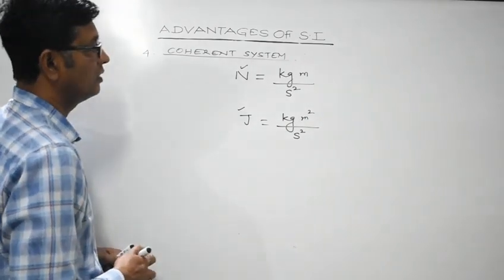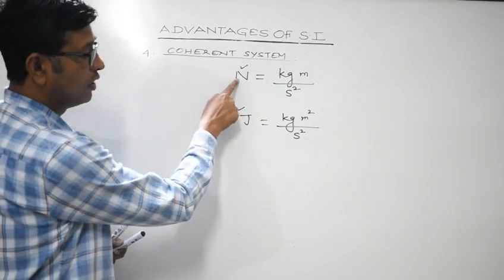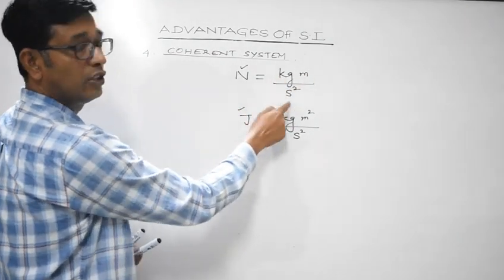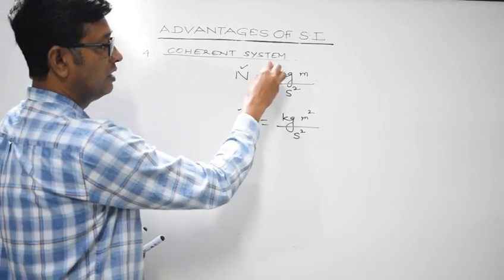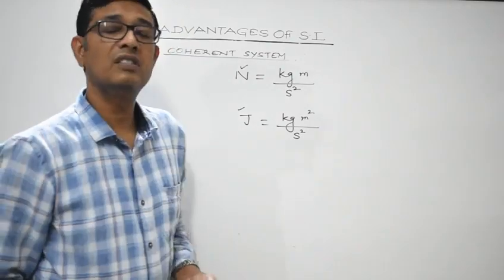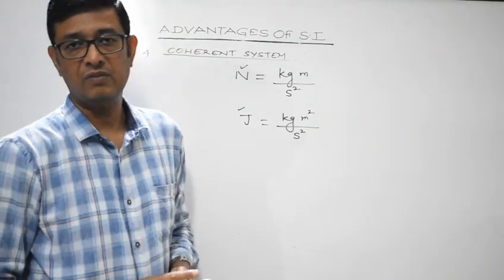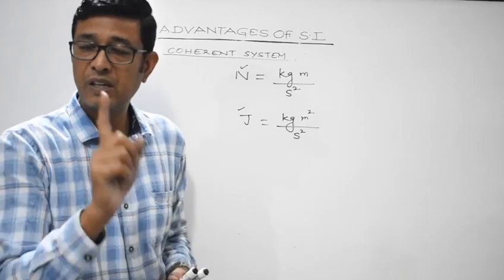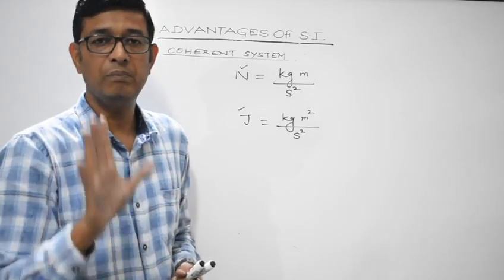So whenever a derived unit is obtained either by multiplication or division of the fundamental units without having the need of introducing any numerical factor, then that system is said to be a coherent system. So students, please remember, SI is a coherent system. MKS is also a coherent system, but in mechanics.